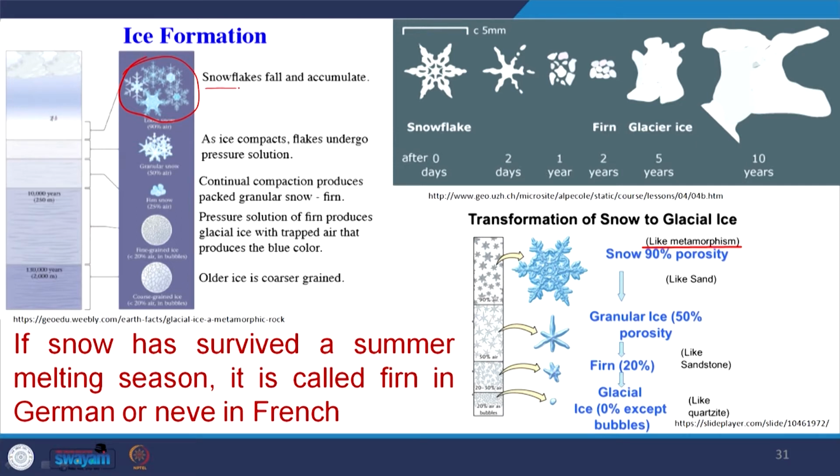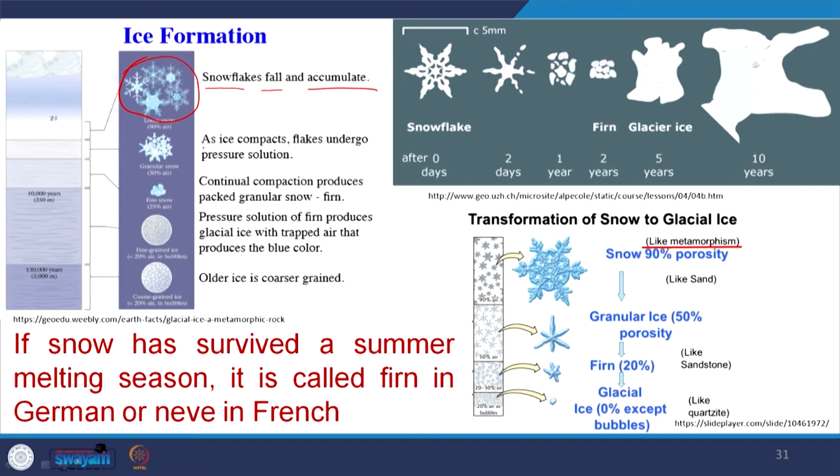So, snowflakes fall and accumulate. The next stage is accumulating snowflakes one after another. You see such a delicate, very nicely developed crystal structure, but once we keep them together, this crystal structure deforms.